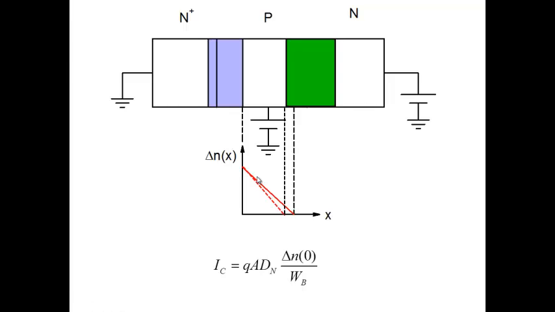And we call it base width modulation. So base width is being modulated by what? By the collector voltage. As you change the collector voltage, it modulates the depletion region, which then modulates the effective base width.